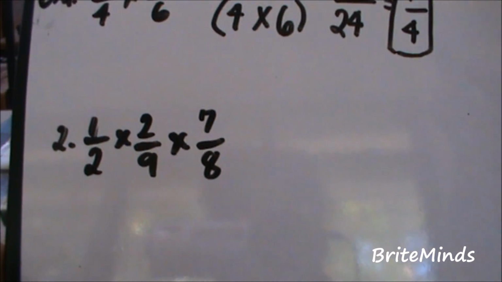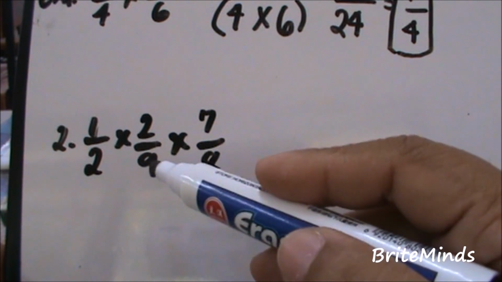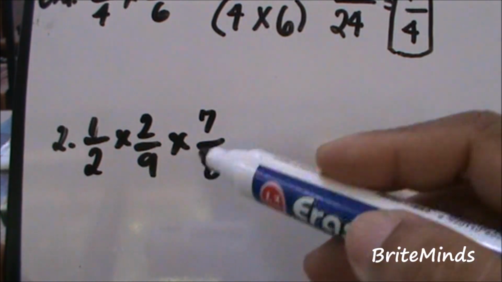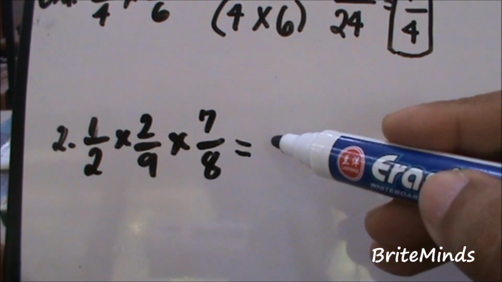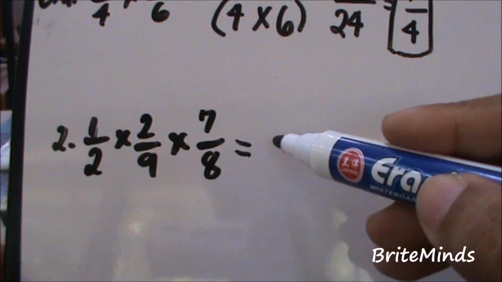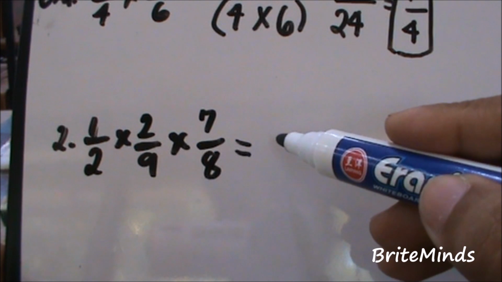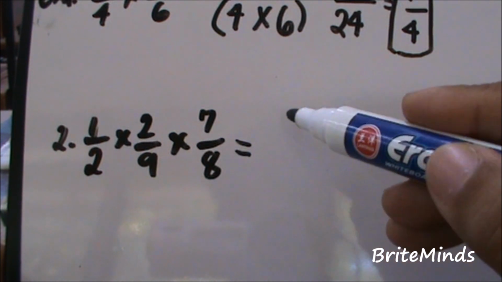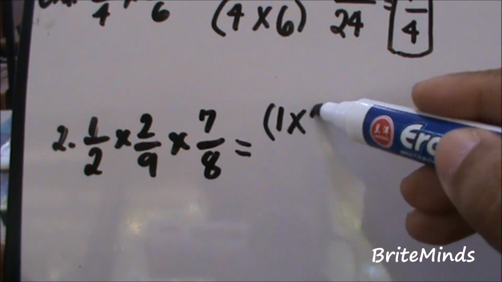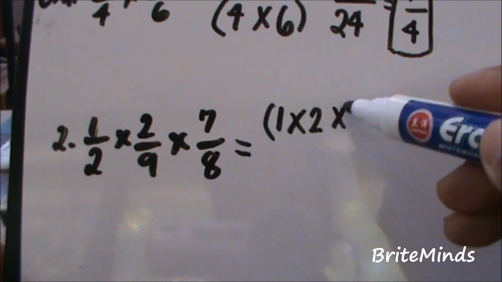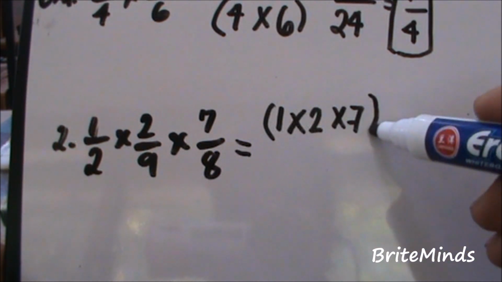Another example. We have here 1/2 times 2/9 times 7/8. We need to multiply the numerators of the fractions to obtain the numerator of the product. So 1 times 2 times 7.